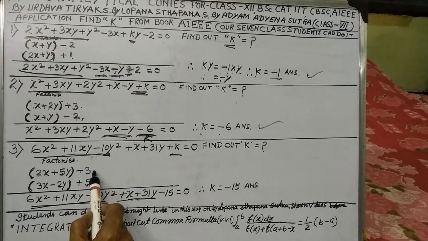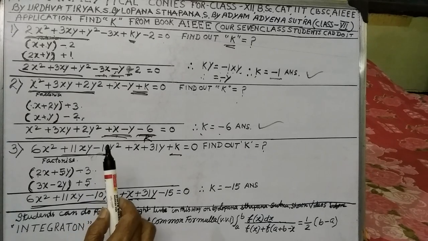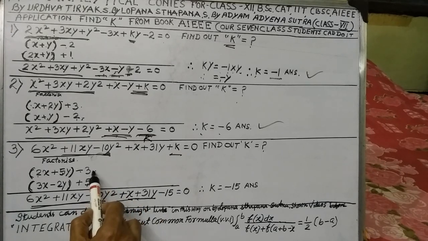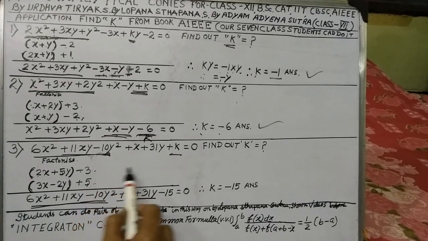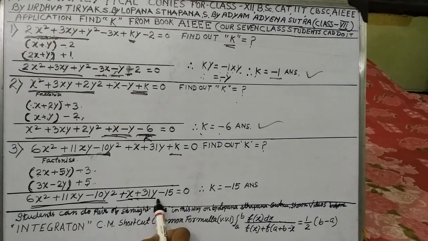So our minus 3 plus 5 is correct. Now minus 3 into plus 5 is equal to minus 15. So our k is equal to minus 15.